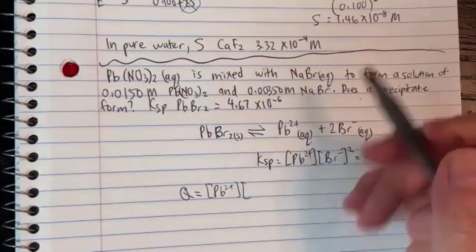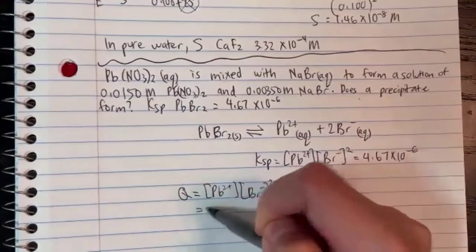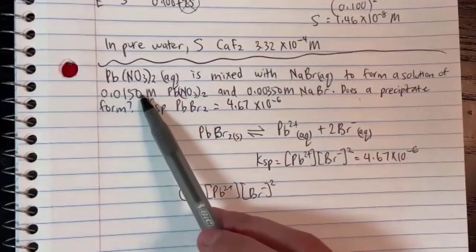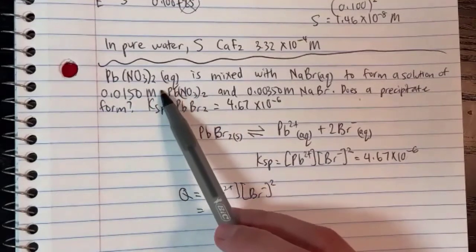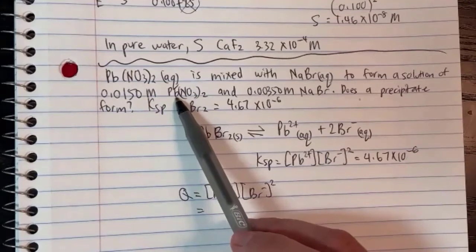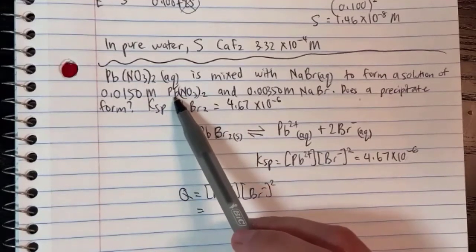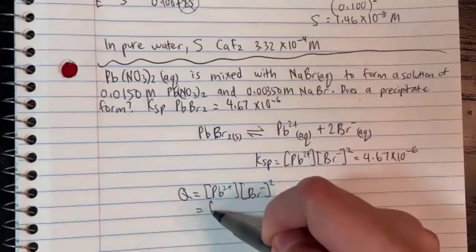We don't know if it's at equilibrium, so we plug it in and call it Q. So the 0.0150 molarity of Pb(NO3)2 gives the same molarity for Pb. If you were looking for nitrate, it would be double because there are 2 nitrates in here. But we're looking at just Pb, right? So 1 mole of Pb(NO3)2 has 1 mole of Pb, and the molarity is the same. So I can write the same number.